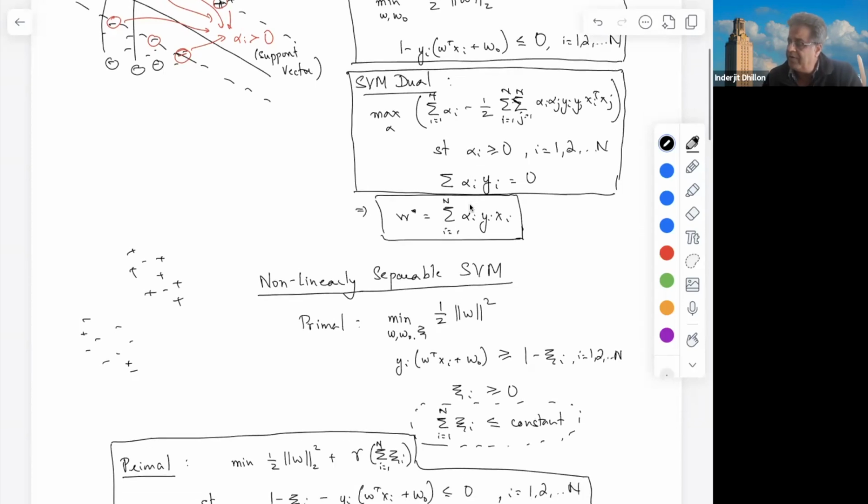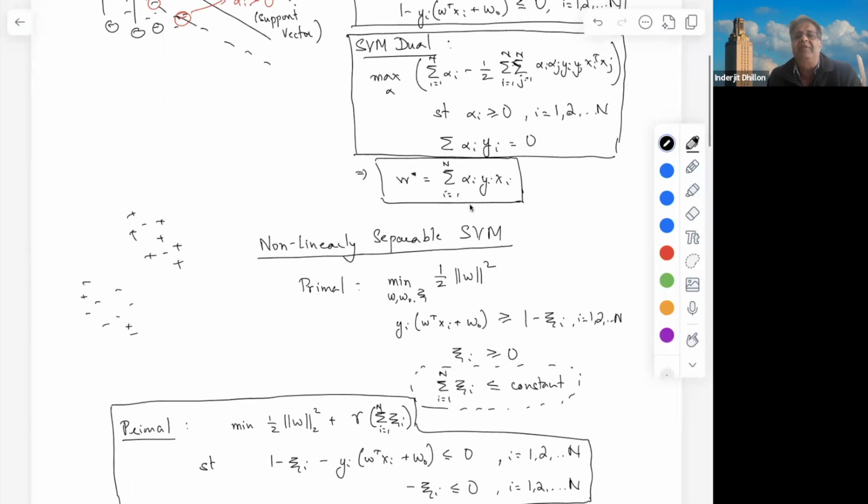If I just look at it, the nonlinearly separable SVM just ends up changing this, so that not only is alpha greater than or equal to 0, but there's also an upper bound on the alphas: they cannot be greater than gamma, where gamma is the weight given to the slack variables.